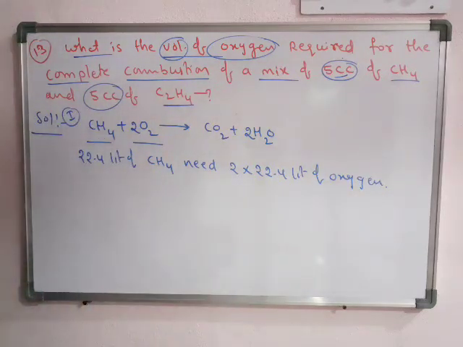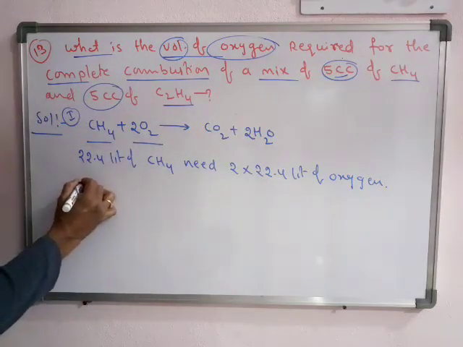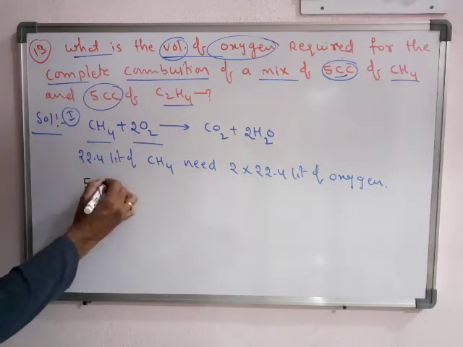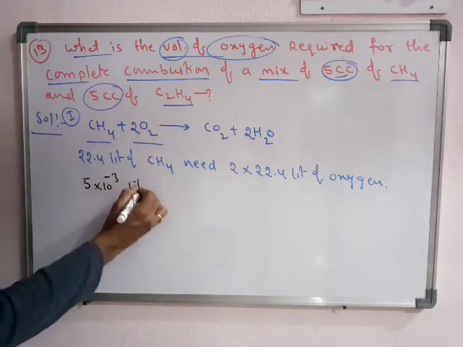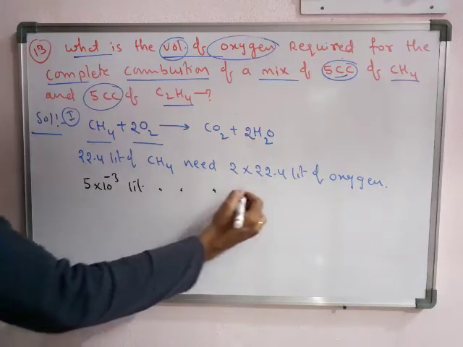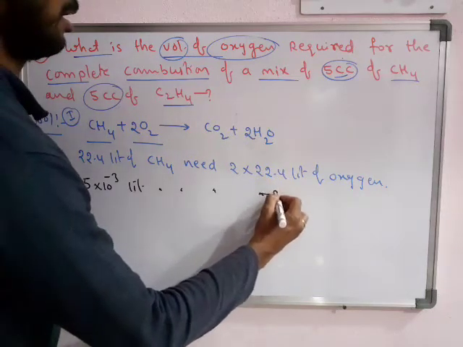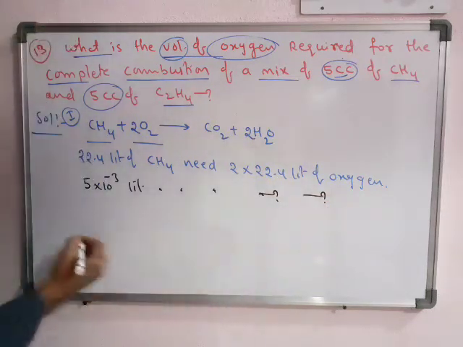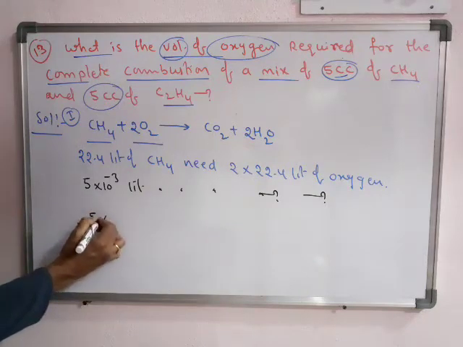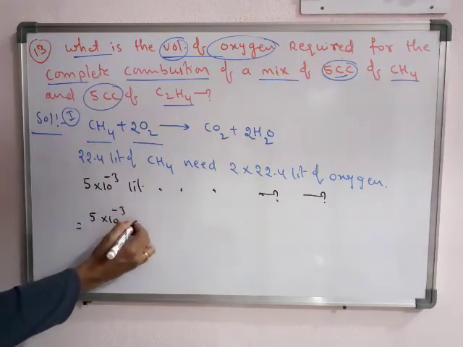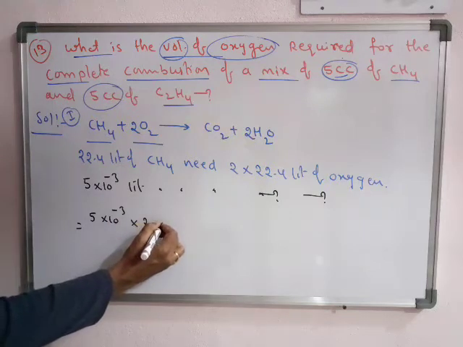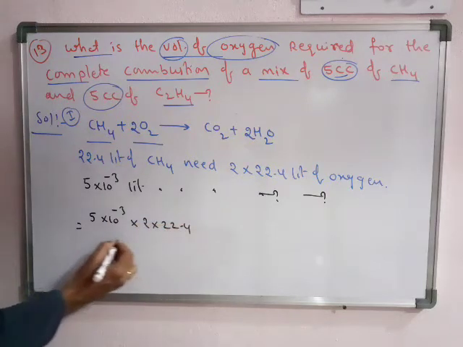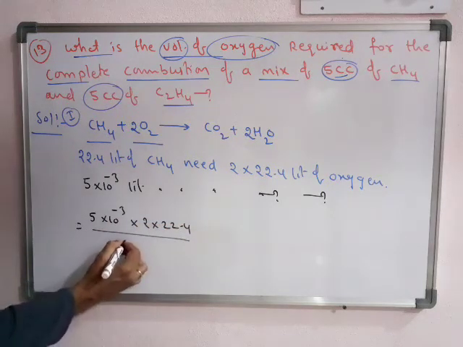And then what is the question? The question is 5 cc, 5 cubic centimeters, which means 5 milliliters. So I am converting into liters: 5 into 10 power minus 3 liters of methane needs how much oxygen? This is cross multiplication.